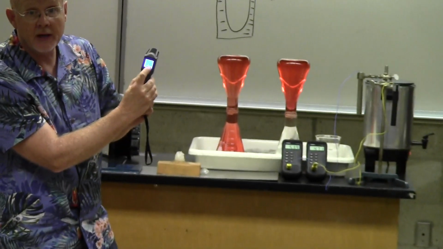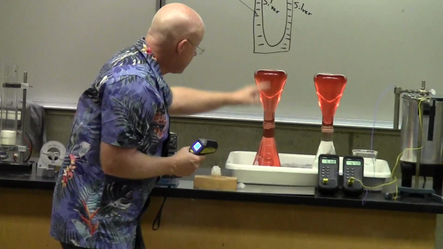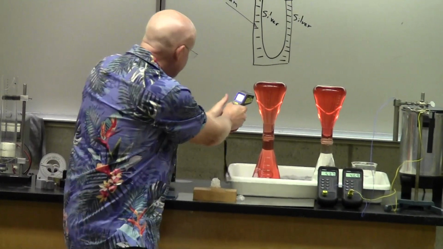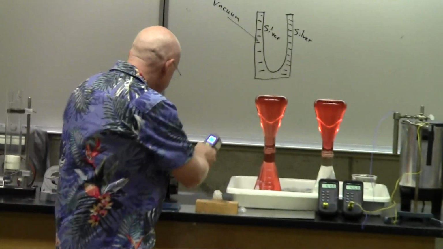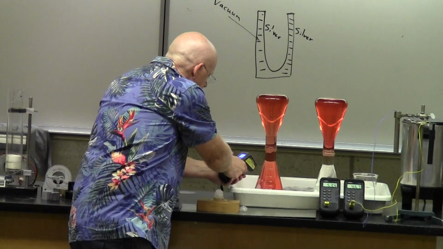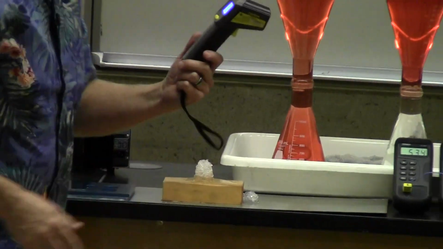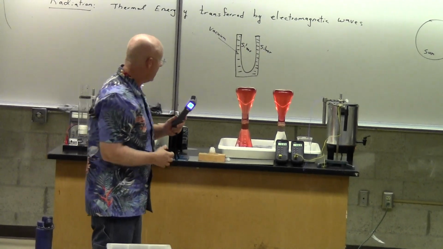It's 23 degrees Celsius. Whereas this one, where I actually used the convection currents, the top one has cooled down to 40 degrees, and the bottom one has warmed up to 40, or in this case 41.